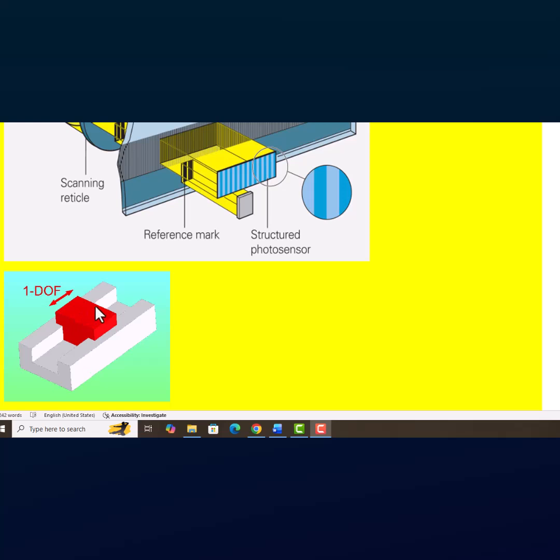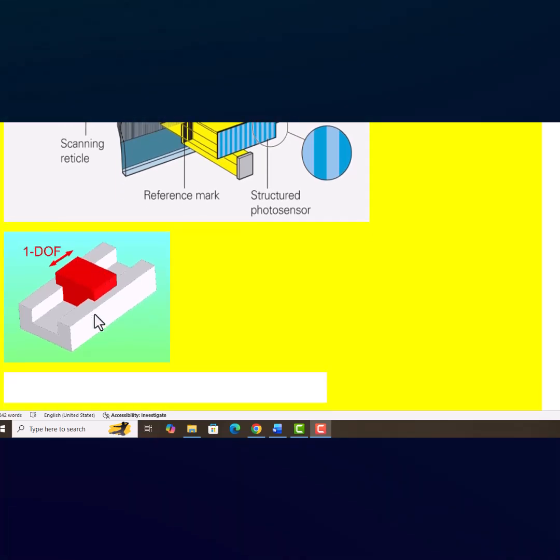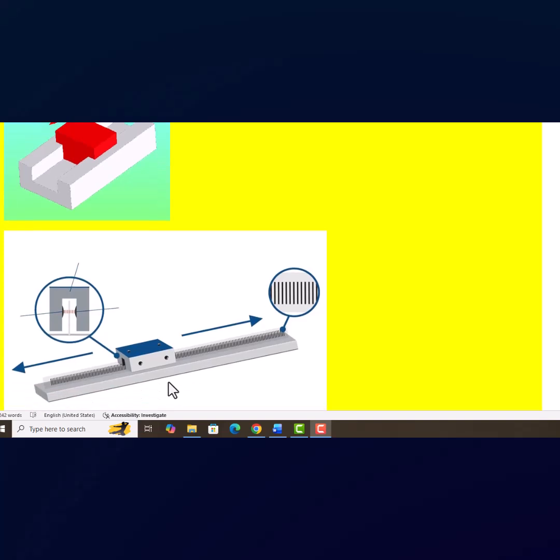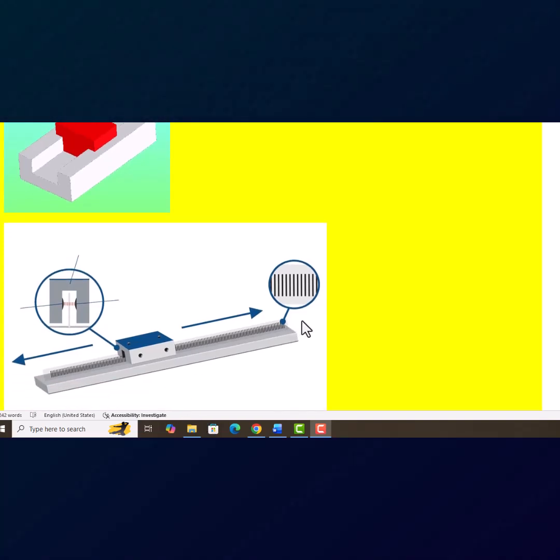So the diagram of the linear joint or prismatic joint is like this. On this joint, this scale will be connected. Once we connect the scale, it looks like this. And this is the scale, transparent scale, and this is the light source. One more light source is also present.